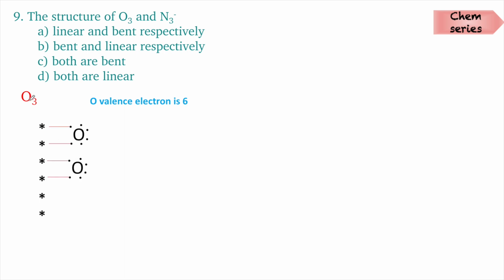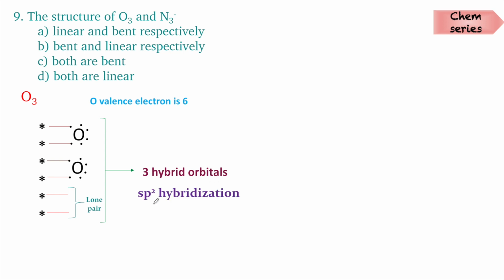The remaining 2 oxygen atoms will take up 4 valence electrons of the central oxygen atom to form 2 double bonds. So the remaining 2 non-bonded electrons will be there, which form a lone pair. So there will be totally 3 hybrid orbitals, that is sp2 hybridization, and its geometry is trigonal planar and the shape is bent. Okay, so O3 is bent.